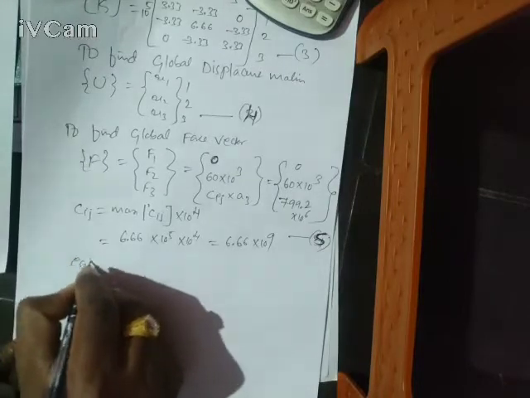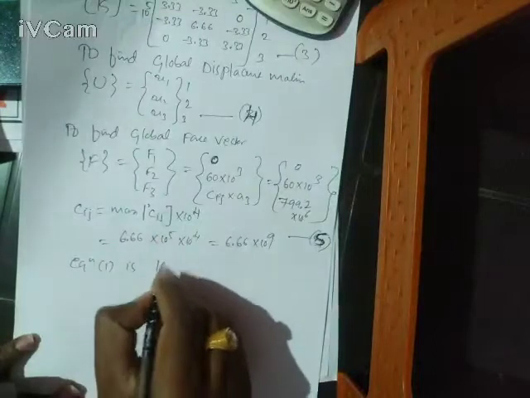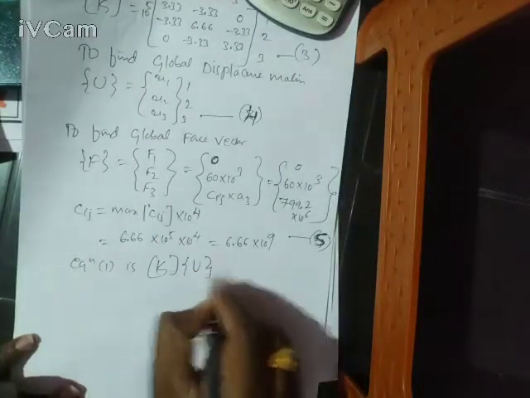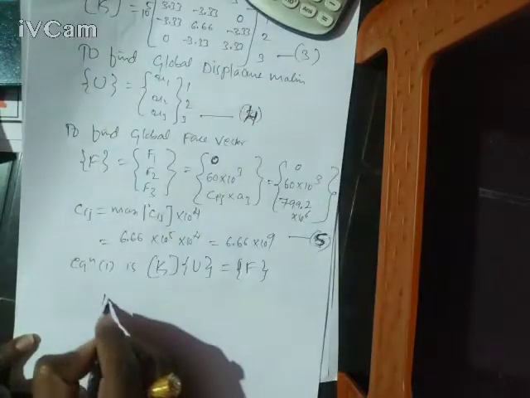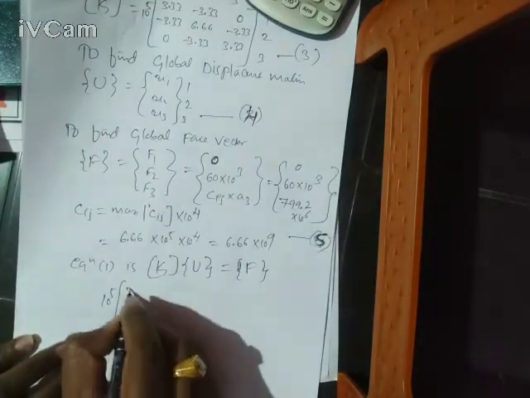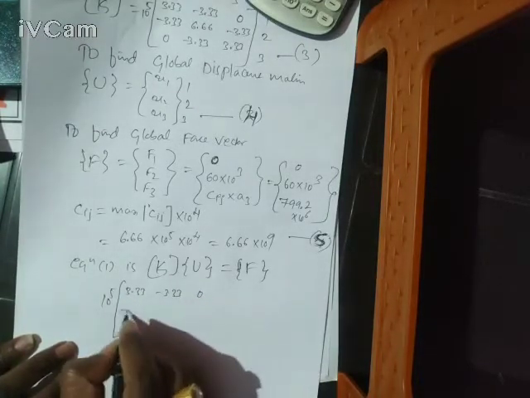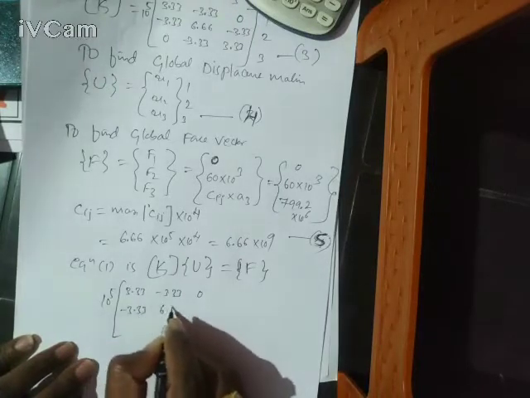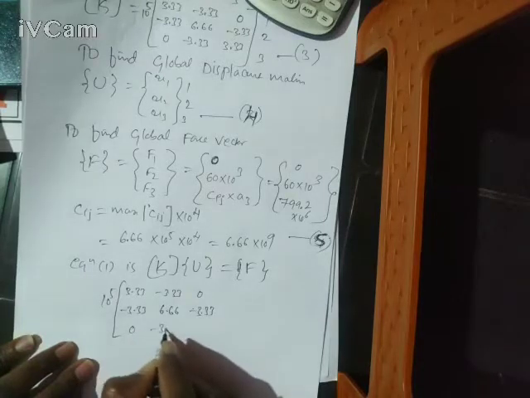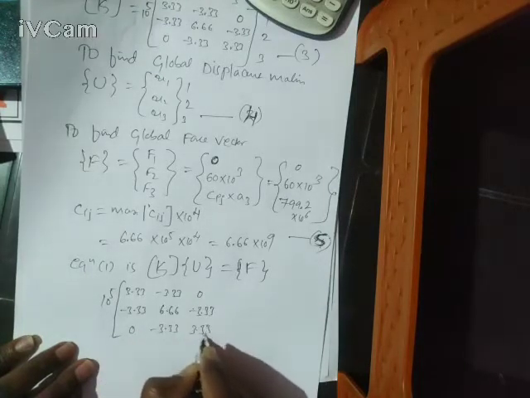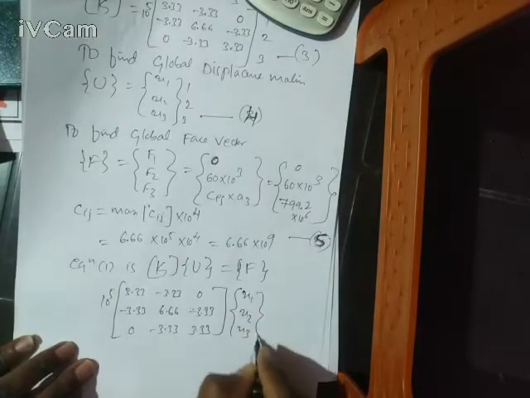So what is equation 1? Equation 1 is Ku is equal to F. So now I have K. K is 10 to the power 5 into 3.33, minus 3.33, 0, minus 3.33, 6.66, minus 3.33, 0, minus 3.33, plus 3.33, and u is u1, u2, u3.